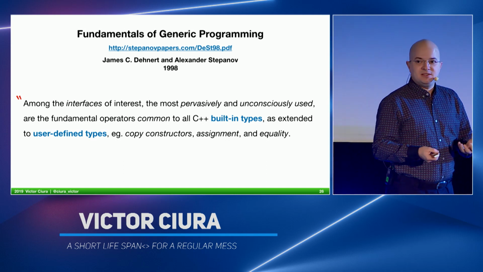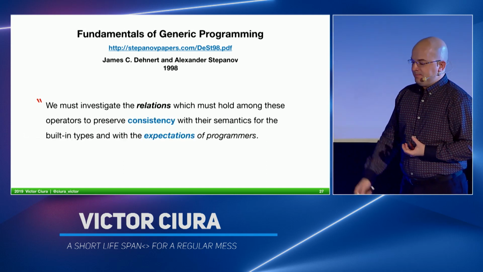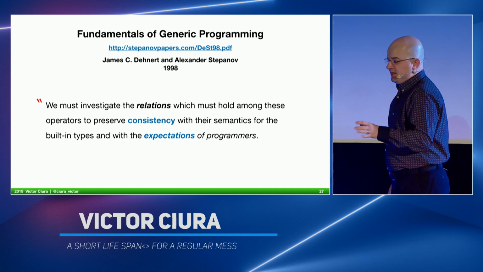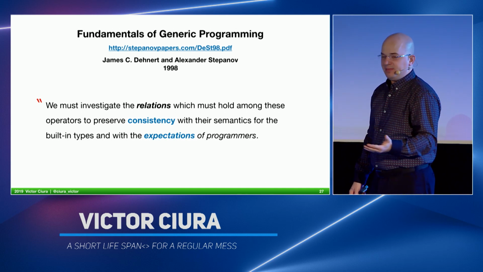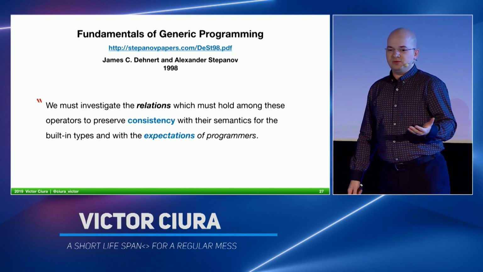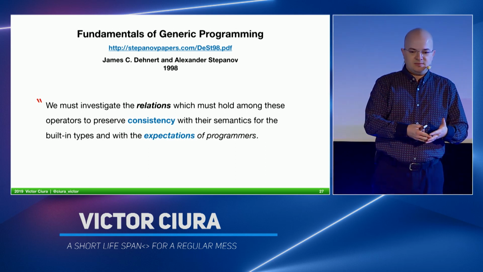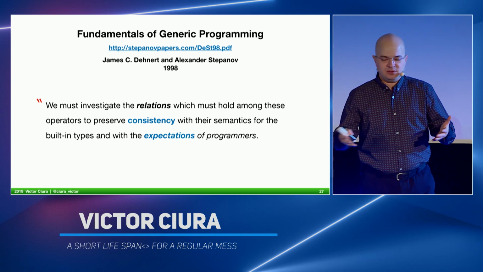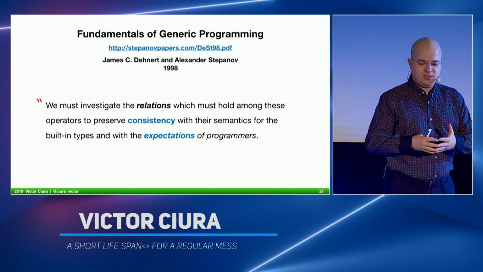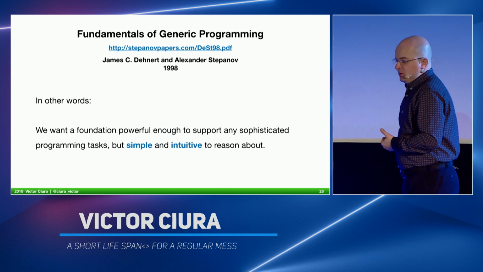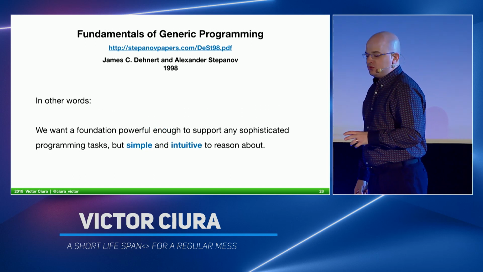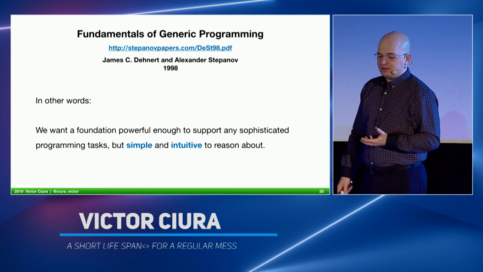Equality means equality. We must investigate the relations which must hold among these operations to preserve consistency with their semantics. So we don't want to define an ordering relation which does not make sense if we model something from the real world. In other words, we want a foundation powerful enough to support any sophisticated programming tasks, but simple and intuitive to reason about.